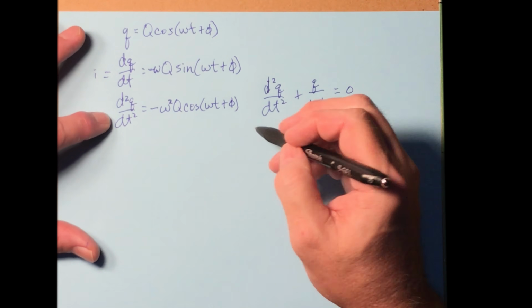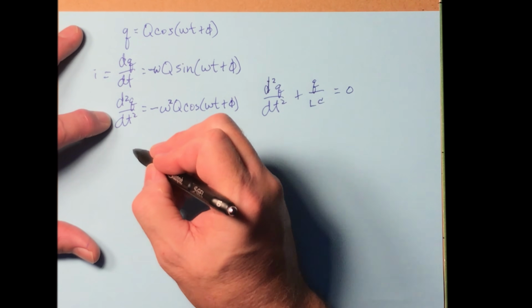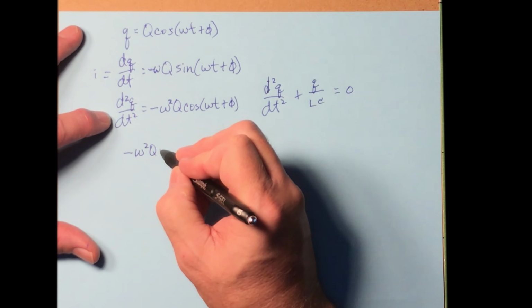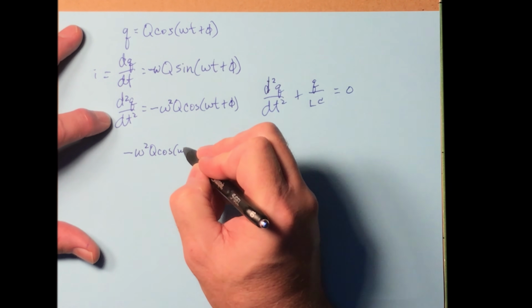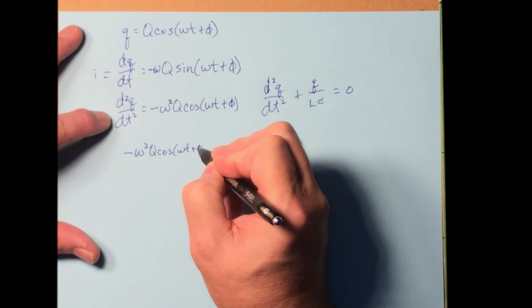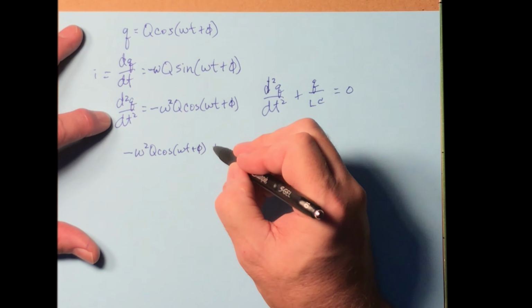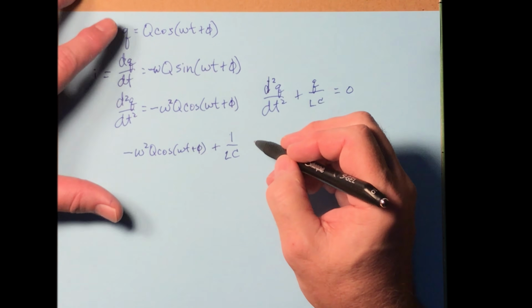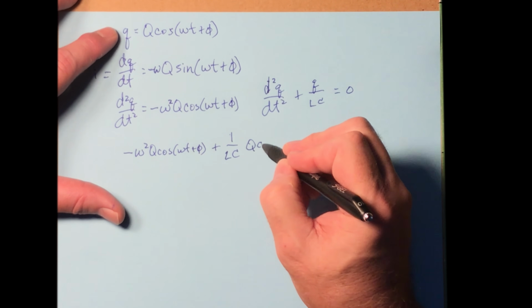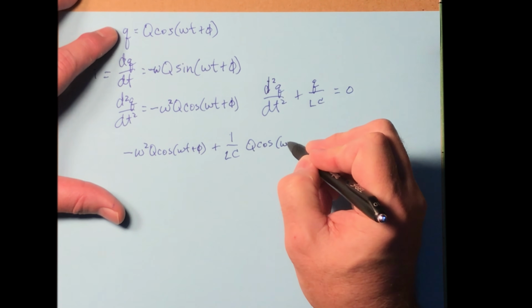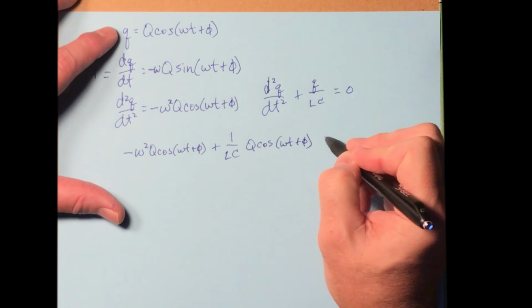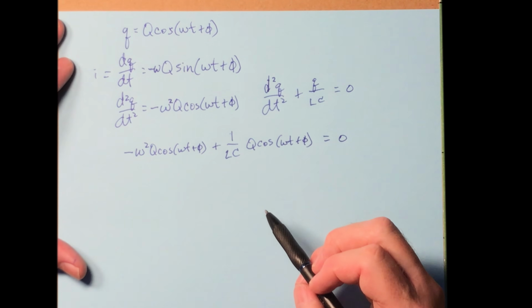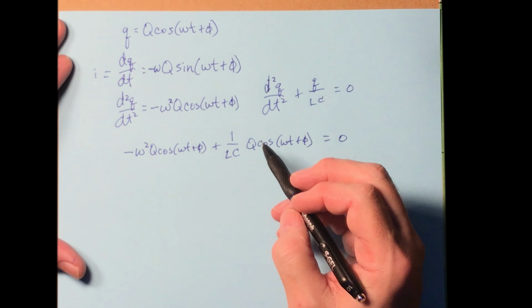Well, the second derivative is, let's make some room over here, minus omega squared big Q cosine omega t plus phi plus 1 over LC times Q, and Q was big Q cosine omega t plus phi, and that has to equal 0. All right, well, let's see what we can do here.